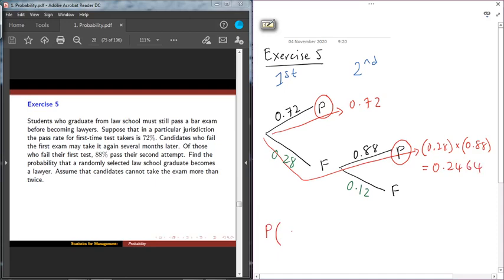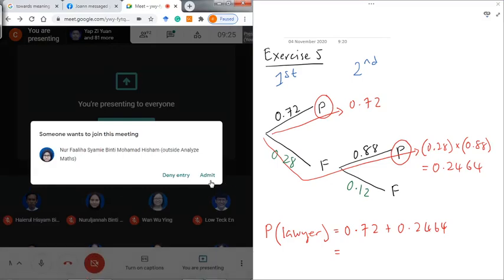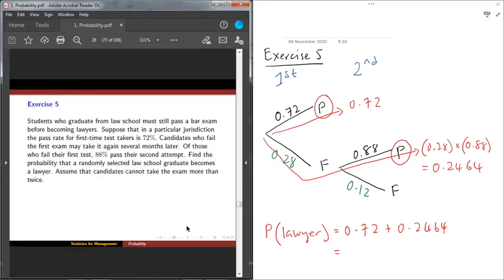What is the probability of becoming a lawyer? (0.72) plus 0.2464. Okay, this is the answer.